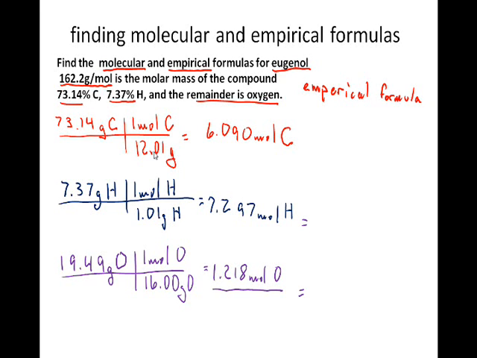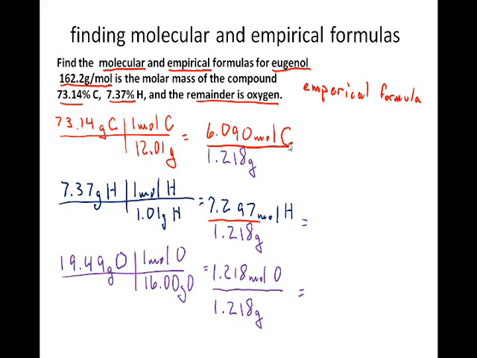divide by small. So we find the smallest one of these moles, and we divide everything by that smallest. That's going to be 1.218. So we divide the moles of hydrogen, the moles of carbon, and the moles of oxygen by 1.218.